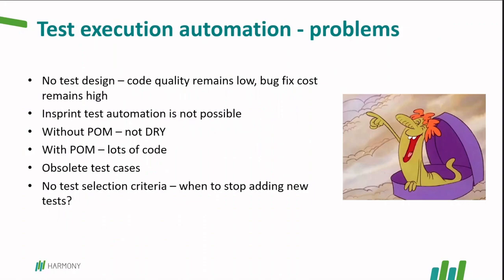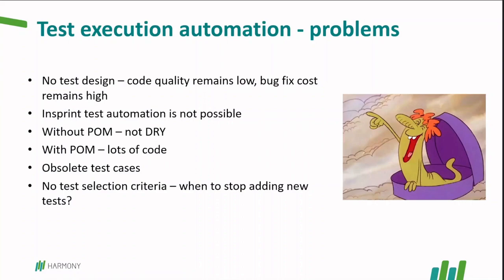There are several problems when we apply test execution automation in itself. As I mentioned, there is no test design and the code quality remains low, but the bug fix cost remains high. This is because if the bug is detected after the release by the users, then fixing the bug costs much higher.